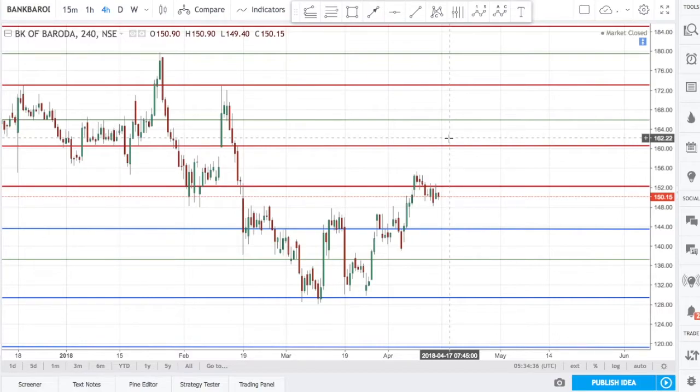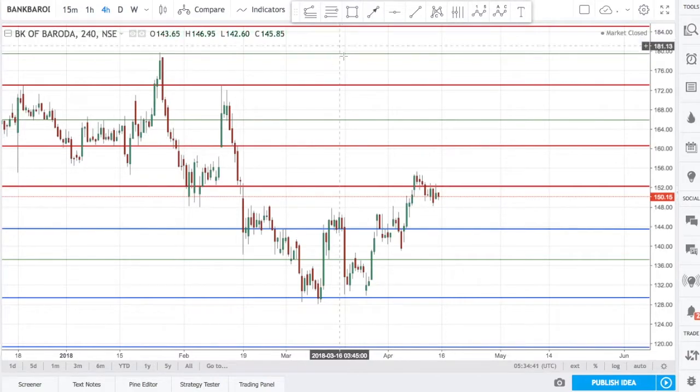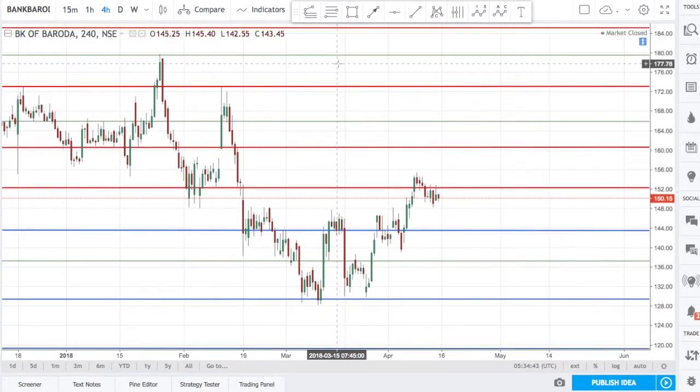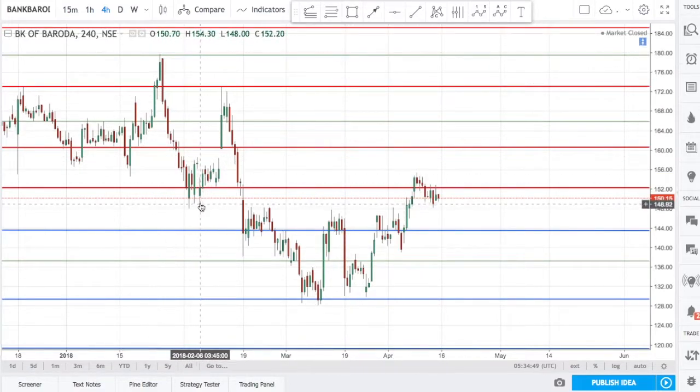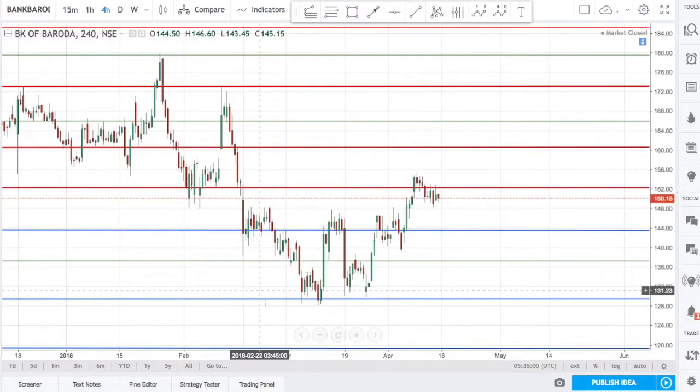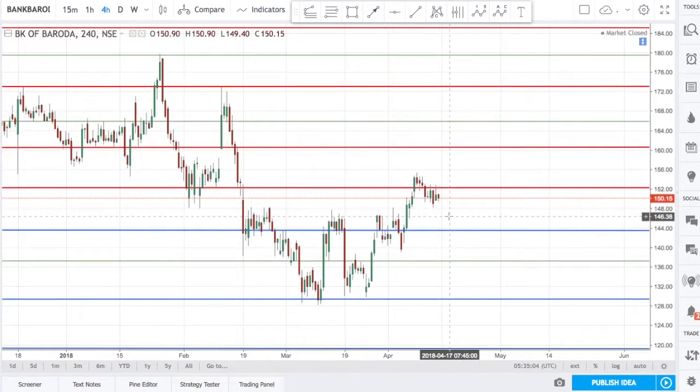First on my list is Bank of Baroda. This is the stock chart of Bank of Baroda. The stock is in a downtrend, making a lower low and lower high pattern.